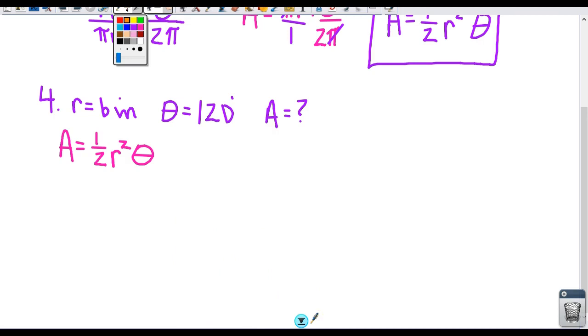Of those, which is the biggest one that divides into 120? 60. What is 60 in radians? Pi thirds, right? How many 60s does it take to get here? 2. So theta in radians is actually what? 2 pi thirds.